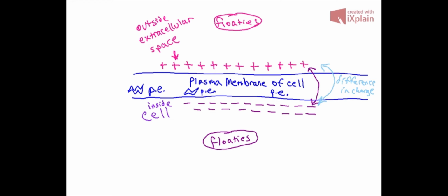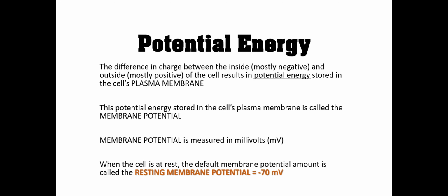And the potential energy is created from the difference in the charges, the positive charges outside of the cell and the negative charges inside of the cell. So again, just to refresh, the difference in charge between the inside, which is mostly negative, and the outside, which is mostly positive, of the cell results in potential energy stored in the cell's plasma membrane.